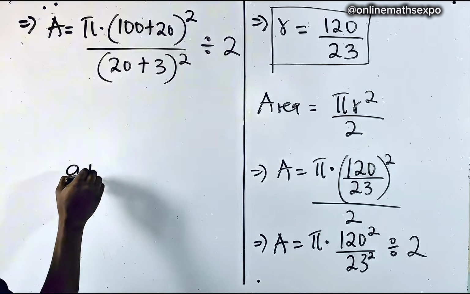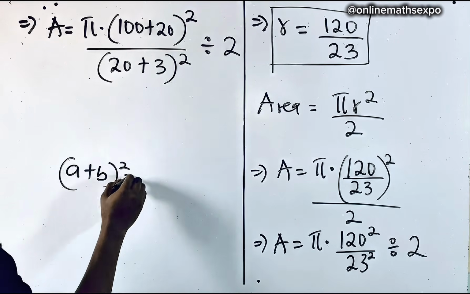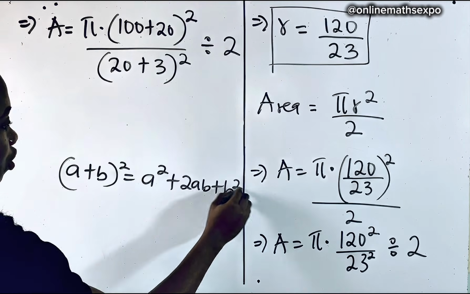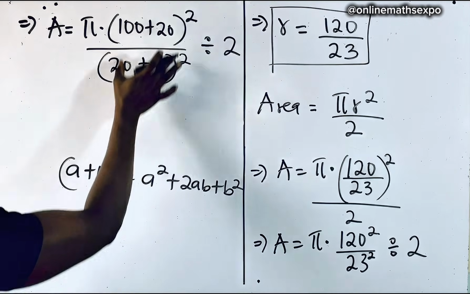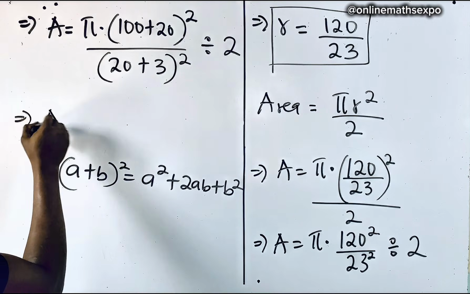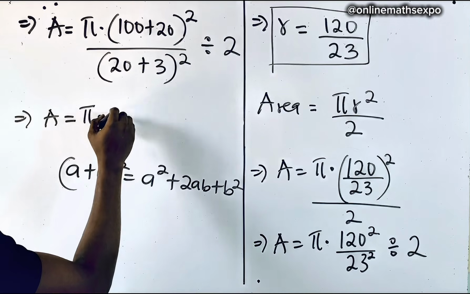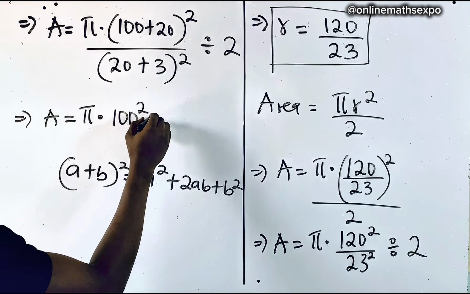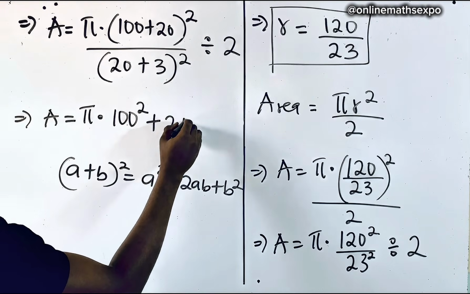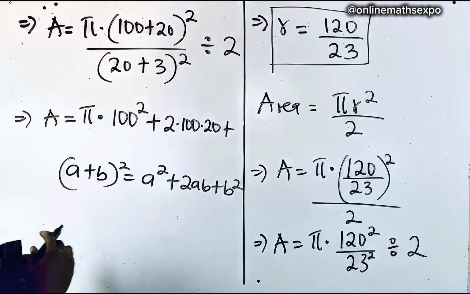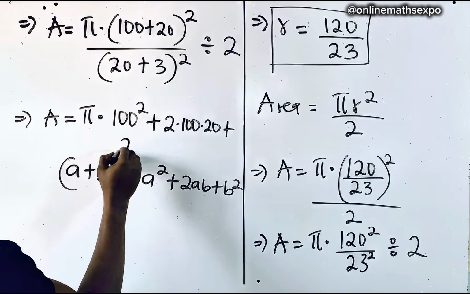Just remember (a plus b) all squared is a squared plus 2ab plus b squared. So if you apply it on these two, we have area is pi multiplied by 100 squared plus 2 times 100 times 20 plus 20 squared.